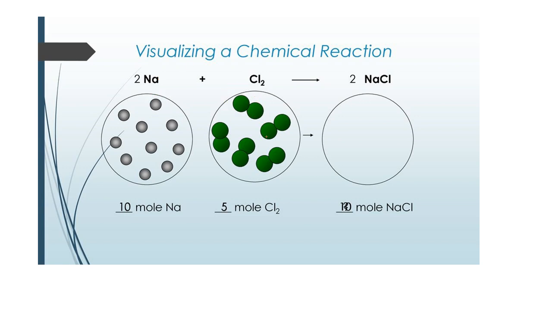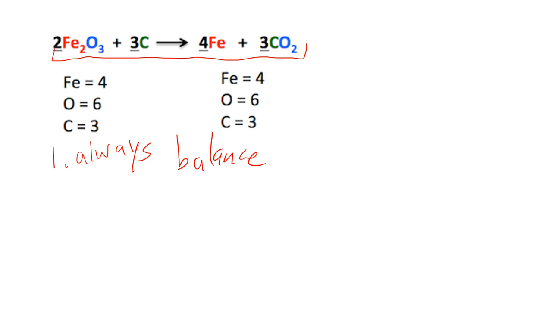When we balance it, we know that 1 mole of chlorine gas reacts with 2 moles of sodium atoms, because these 2 atoms pair and these 2 atoms pair to make 2 sodium chloride compounds. So we need to balance it first in order to carry out stoichiometry.